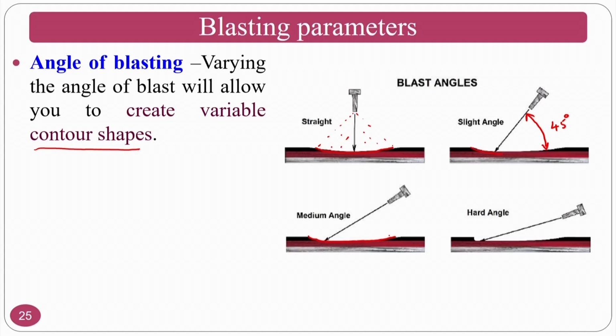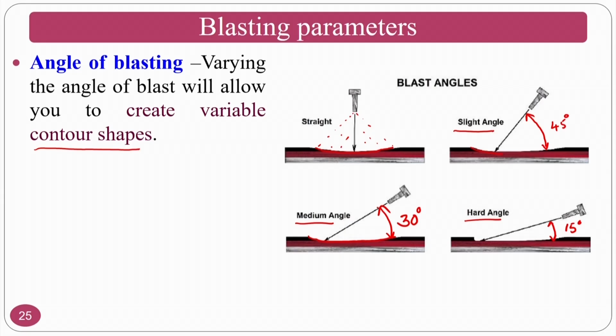If my requirement of contour on a particular surface is different, then you can go for a slight angle, a medium angle, or a hard angle, in this case maybe around 30 degrees. These degrees I am writing here are approximate, may not be exact. So you will get the contours.